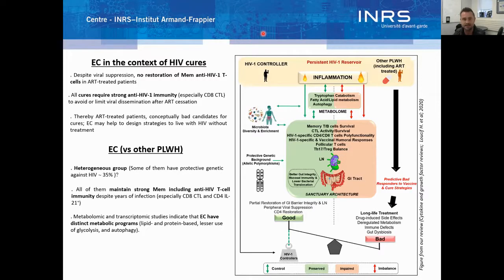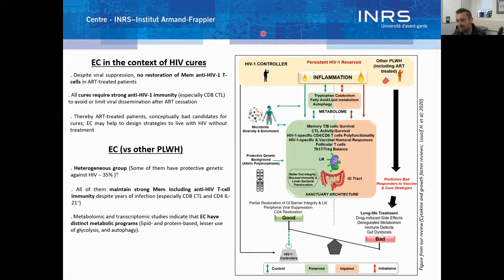And in this context, the elite controllers, which are individuals with natural, completely natural, control of HIV without any treatment, could bring new strategies to the table to help those individuals and the other people living with HIV. So what is the difference between elites and the rest of the groups of HIV-infected individuals?